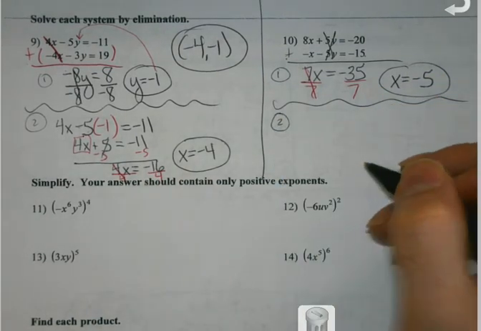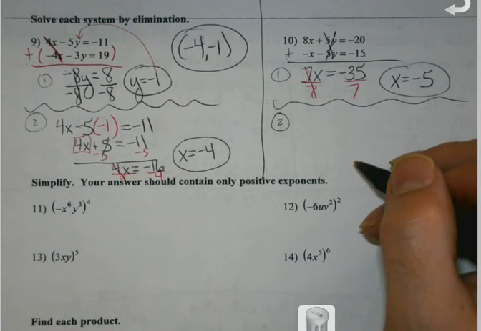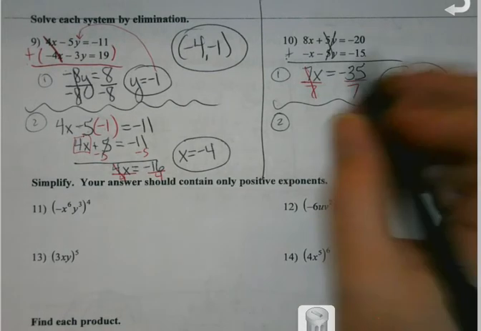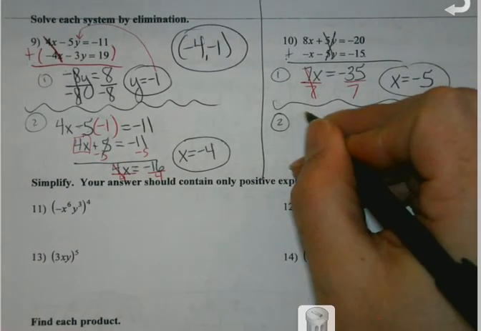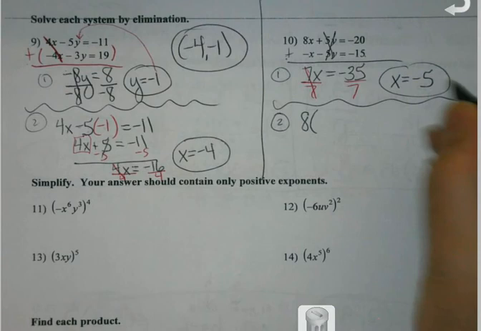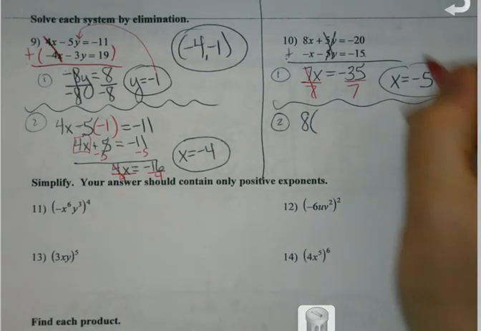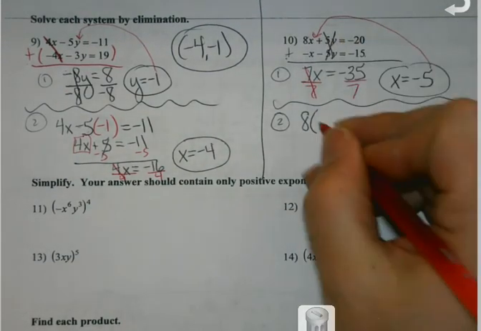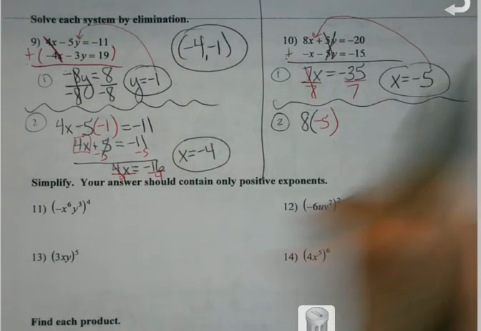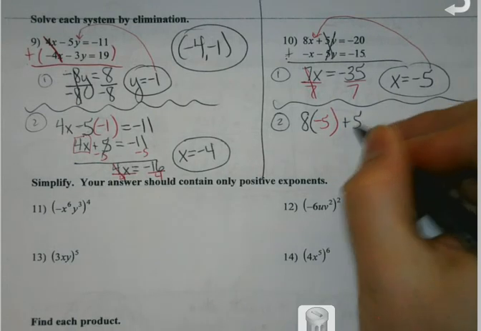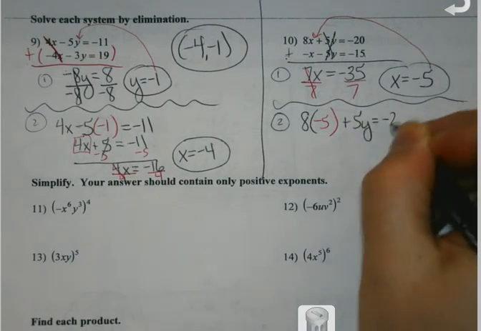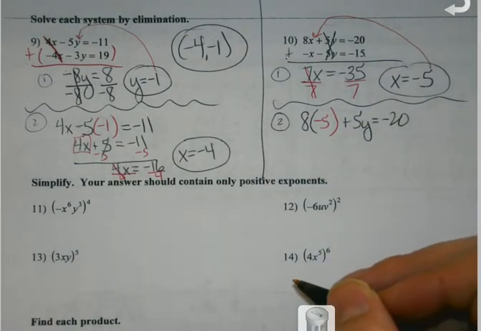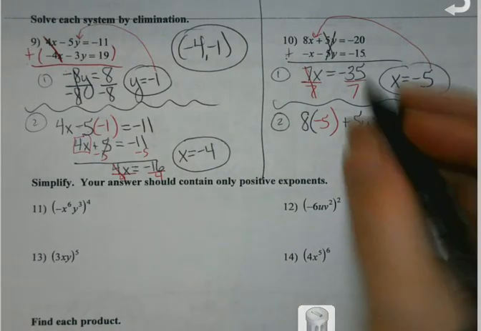And then, again, to me it's just easier to keep using the same one each time. Plug in the x value, since it's the x that I solved for. And then just simplify it.